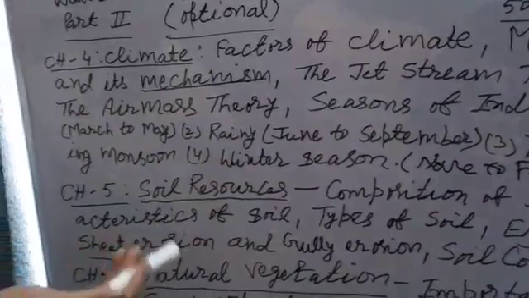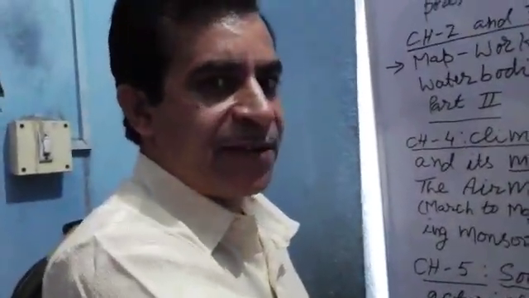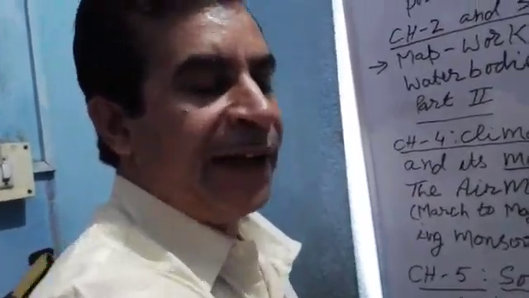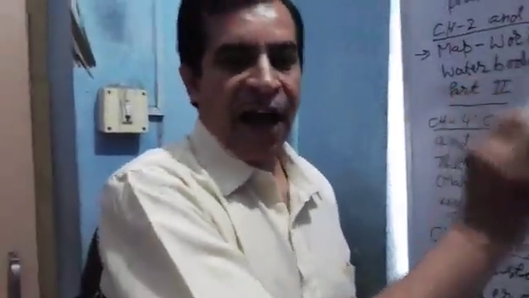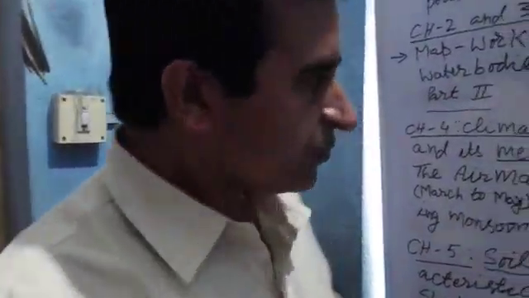The Arabian Sea branch strikes the Western Ghats and gets heavy rainfall, and the Bay of Bengal branch strikes the coast of Myanmar and enters the foothills of the Himalayas or turns to the northeastern parts of the country, getting heavy rainfall in Meghalaya, the wettest place of the world.